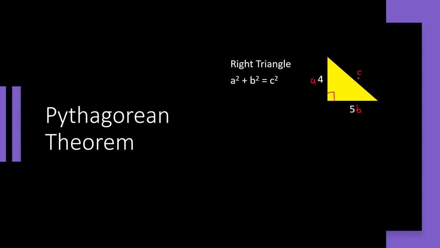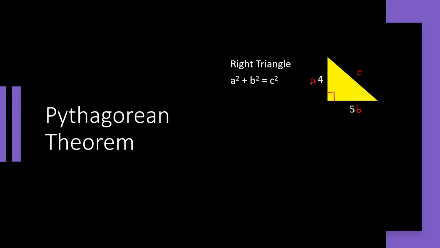This is also known as the hypotenuse, my friends. Hypotenuse. And with the Pythagorean theorem, we can find out the measurement of this side right here by knowing the areas of these two sides right here.